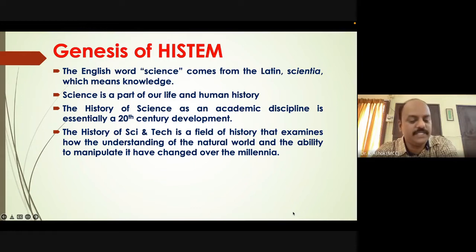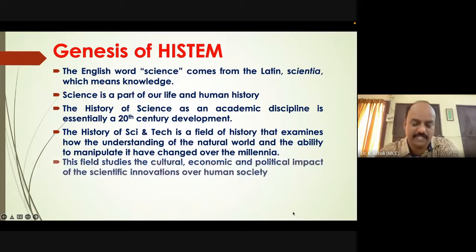It's a field of history that examines how the understanding of the natural world and the ability to manipulate it have changed over the millennia. So how man has taken control of the natural world and how he is able to manipulate nature over the years. The study of these two things is the core of the history of science and technology.